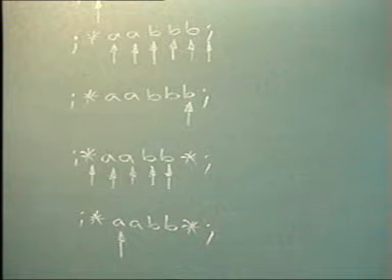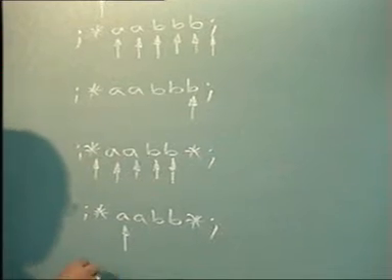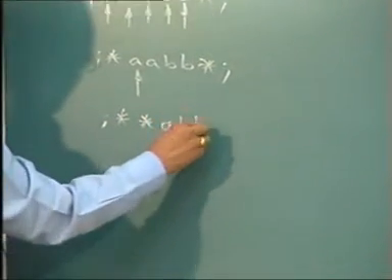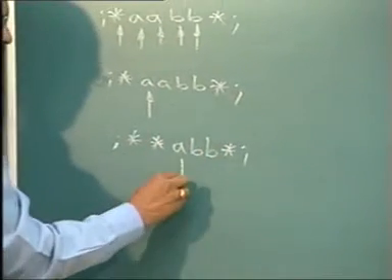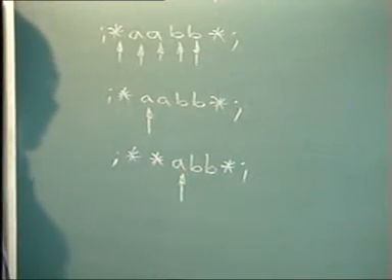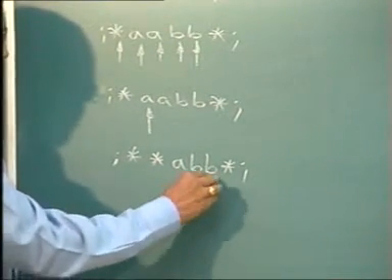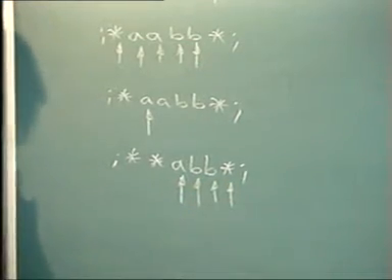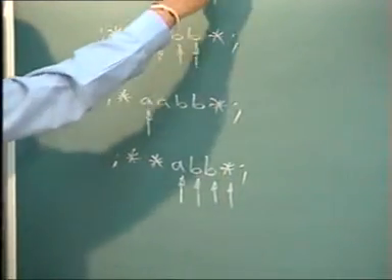This will be the beginning, that we know. We read that A, it should be A. If it is B, it is an error. Write it as star and move the head to the right by one position. And then keep on moving to the right, this time only up to the star. First time we had gone up to the semicolon.